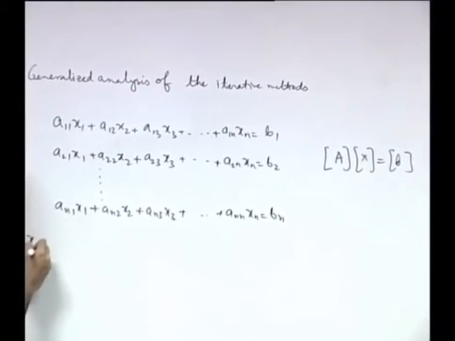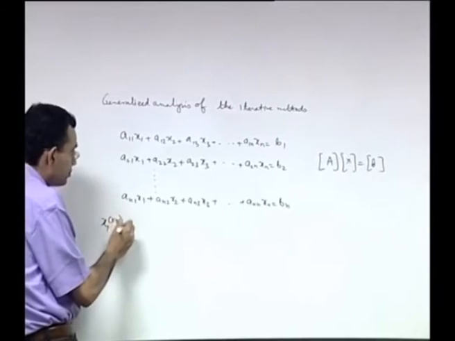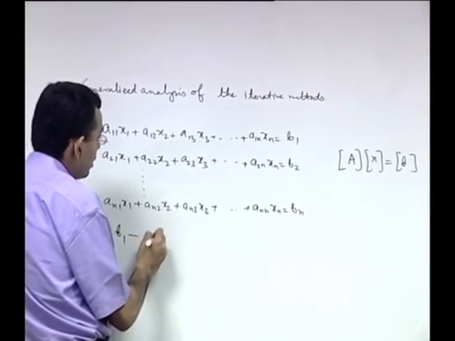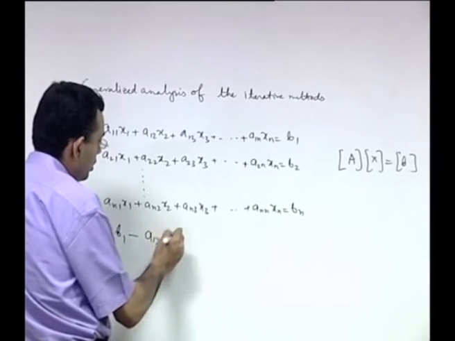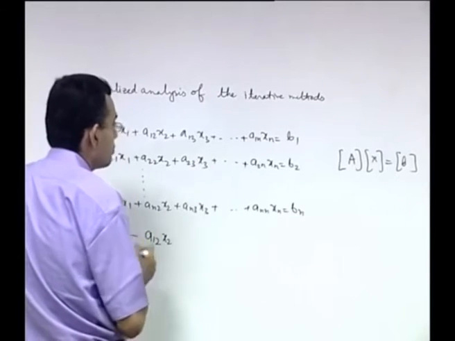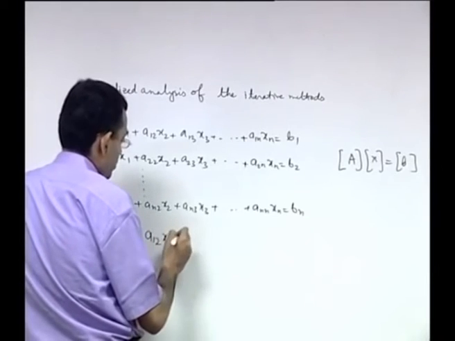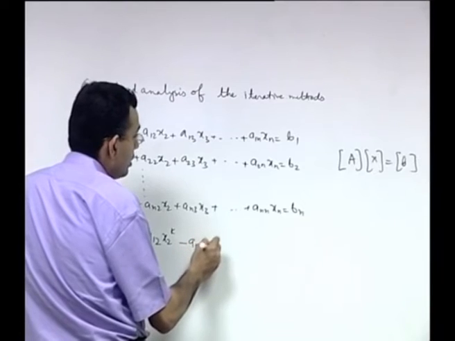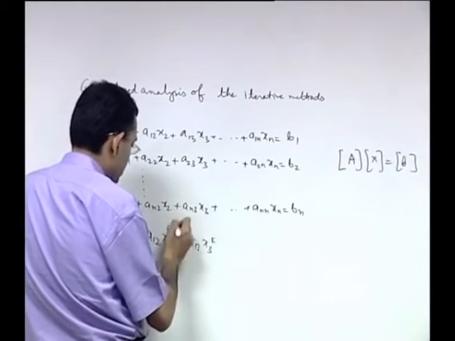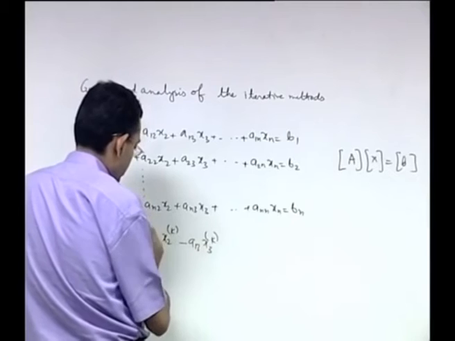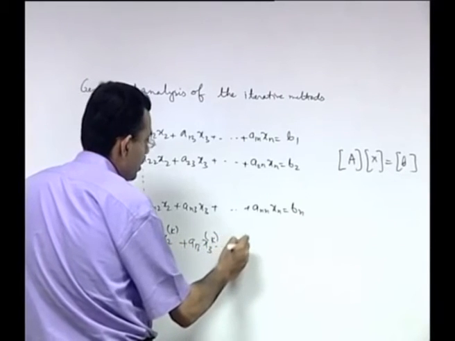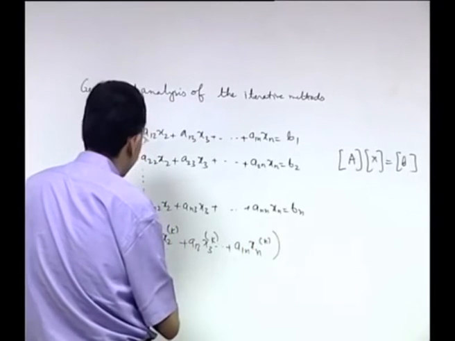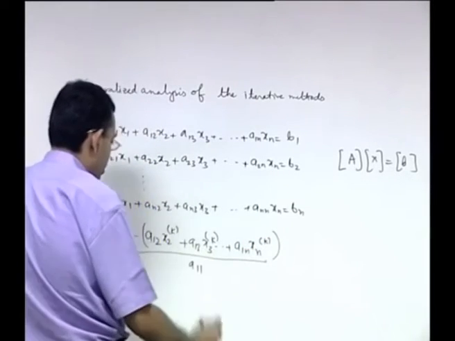So, x1 k plus 1 is equal to B1 minus A12 x2 k minus A13 x3 k in this way A1n xn k divided by A11.